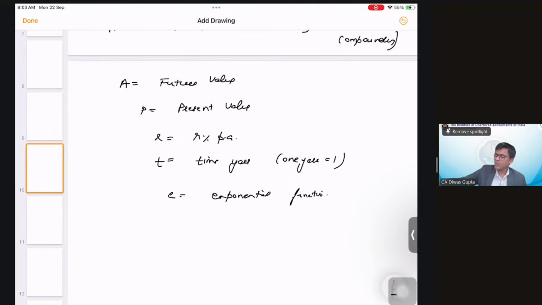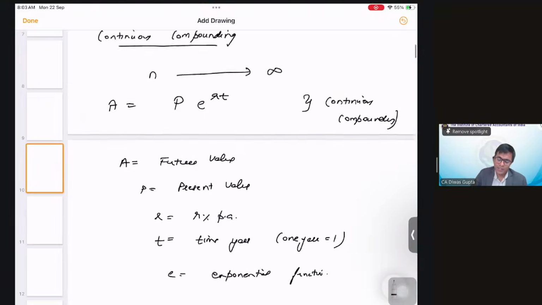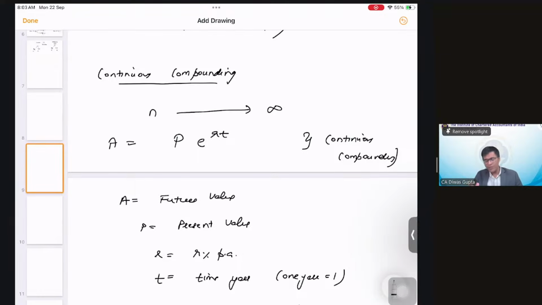This e raised to the power something will always be given to you in the question, right? You just need to put in this formula and solve for it.